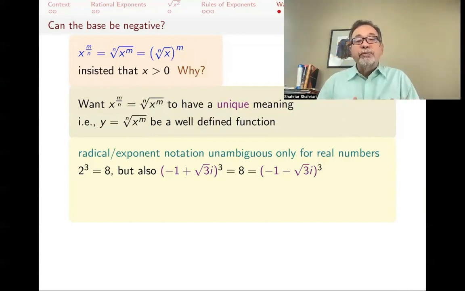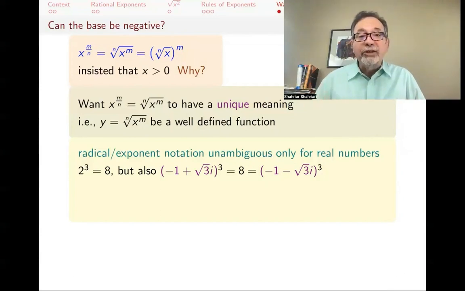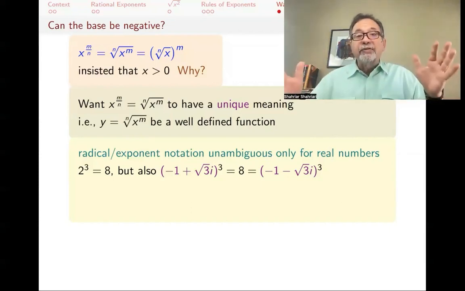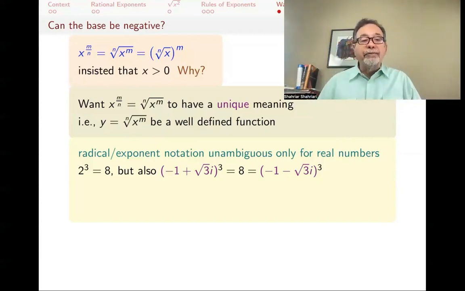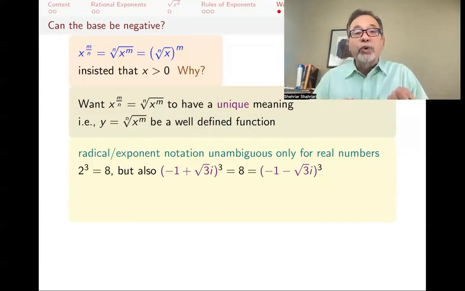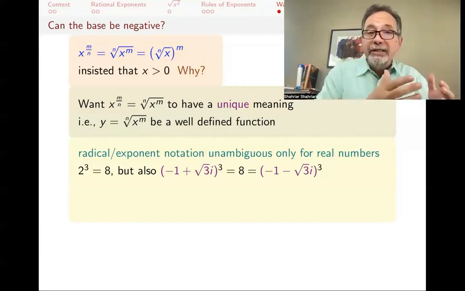You see that minus 1 plus square root of 3 i and minus 1 minus square root of 3 i, all cubed, give you 8. We have decided cube root of 8 is the real number 2. Since there's only one real answer, we're limiting ourselves to real numbers, and therefore the answer is unambiguous. The answer is 2, and we don't have to really worry about it. With even exponents, like 2 squared is 4 and minus 2 squared is 4, we had decided that we're going to take the positive root.